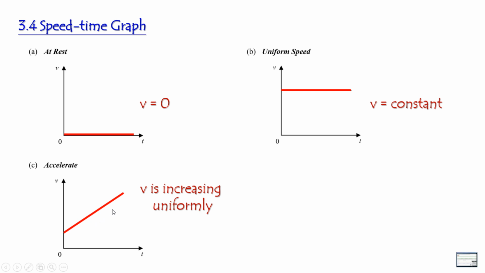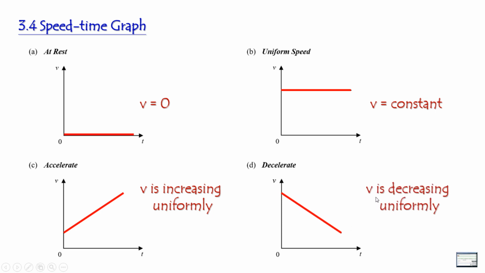And obviously, for the last part of the graph, the object moves with a high speed at the beginning, and then the values become smaller and smaller. We can say that the speed is decreasing uniformly, or it moves with a uniform deceleration. So all these are 4 typical speed time graphs of an object: accelerate, decelerate, constant motion, and then at rest.